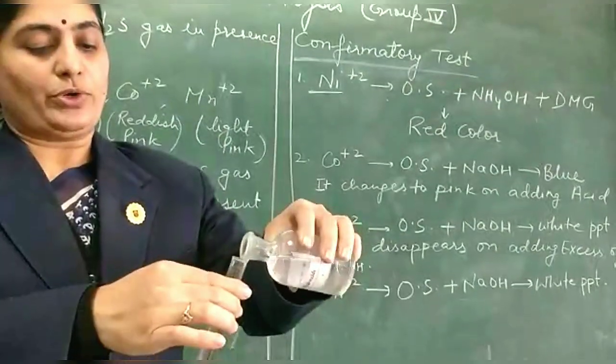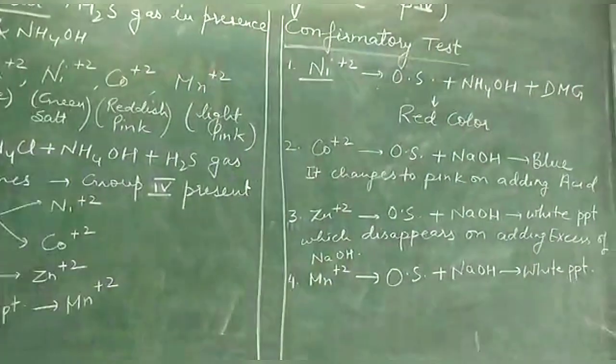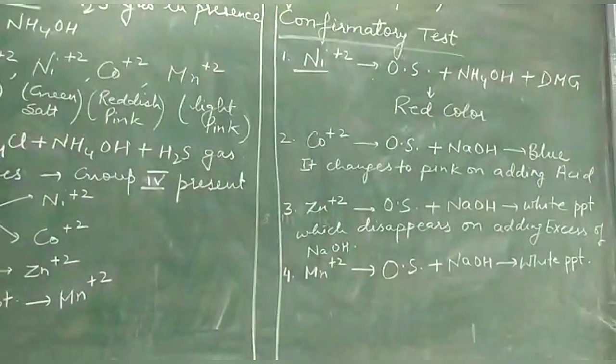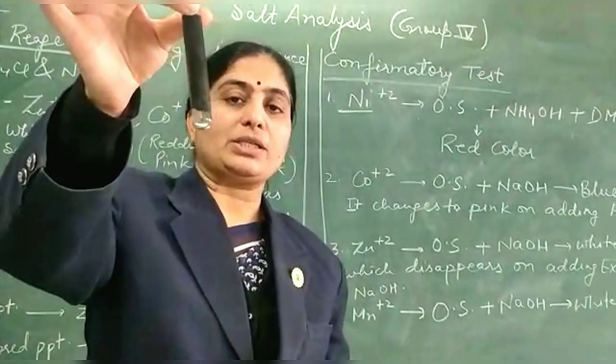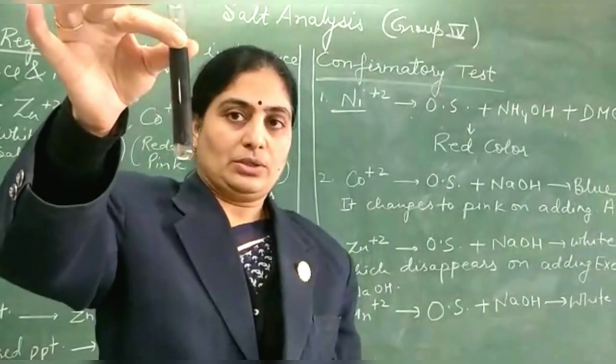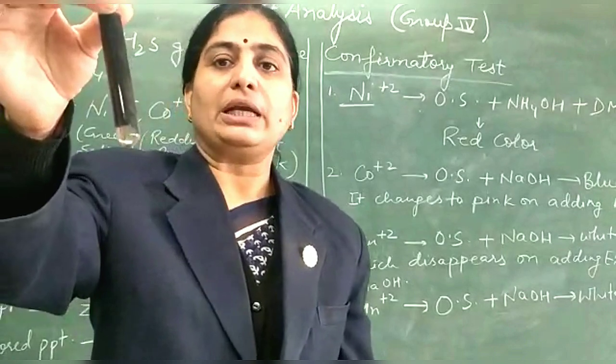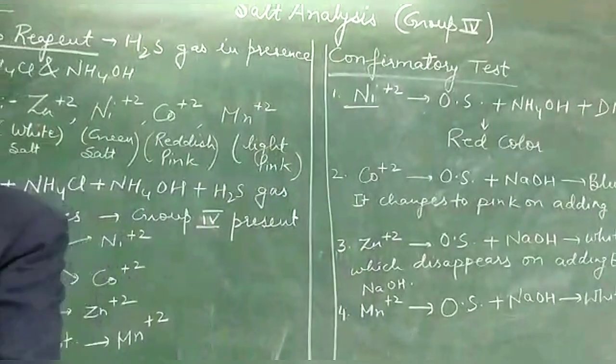Adding a large amount of ammonium hydroxide, I pass this H2S gas, and the black precipitate is clearly visible. So this confirms the presence of nickel ion in the salt.